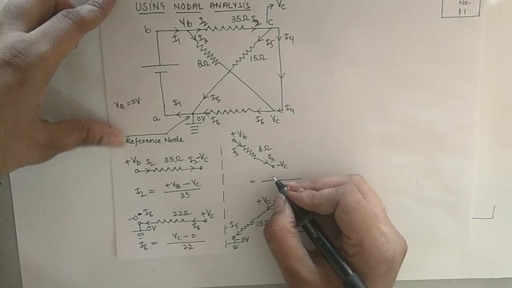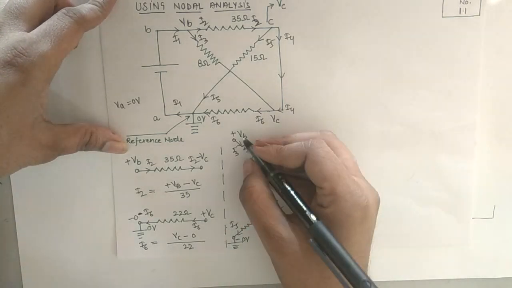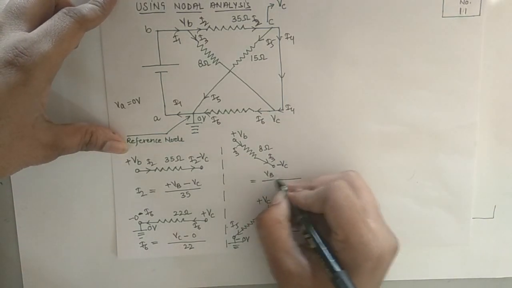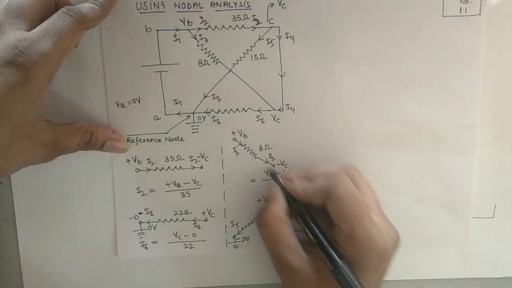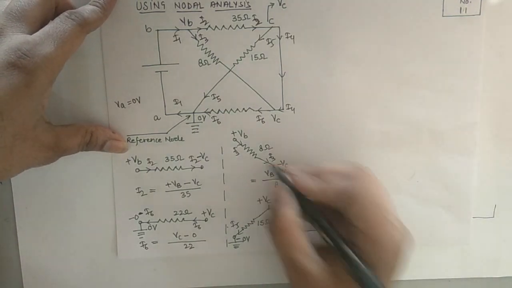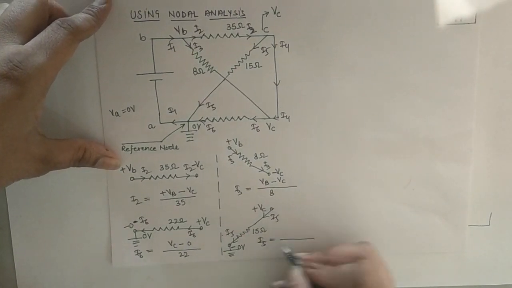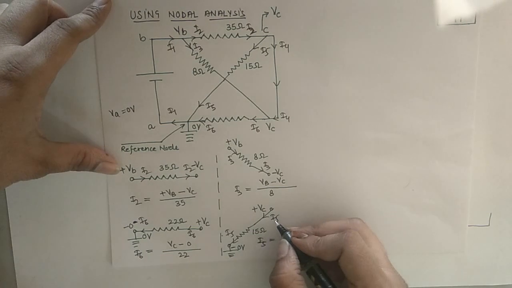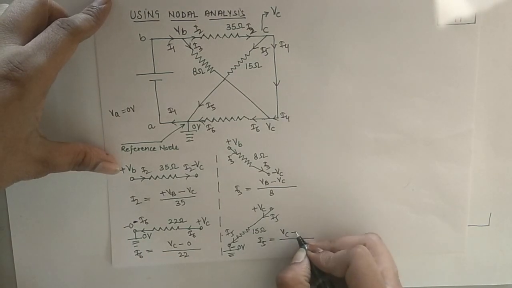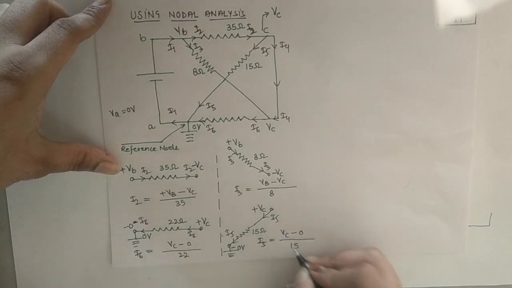Similarly I3, starting from here, is VB minus VC upon 8, and similarly for I5, I5 is VC minus 0 upon 15.